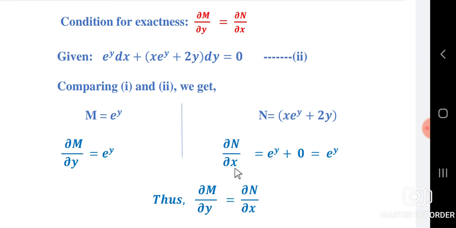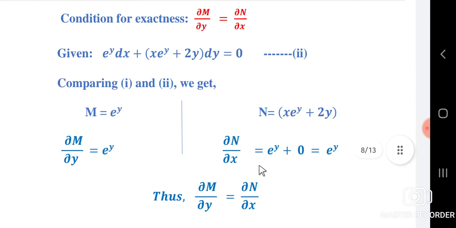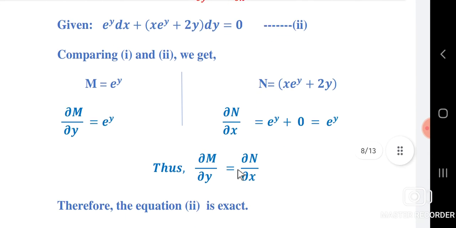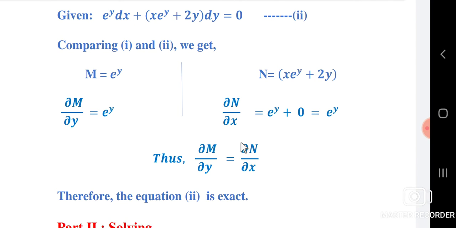When you differentiate with respect to x partially, other than x are considered as constants. Here e power y becomes a constant, so it remains the same, and the other term gives e power y plus 0, which is e power y. Here dou M by dou y is e power y and dou N by dou x is e power y. Both are same, so the condition holds good. So we can say the given equation is exact.